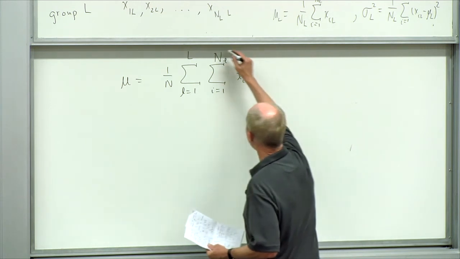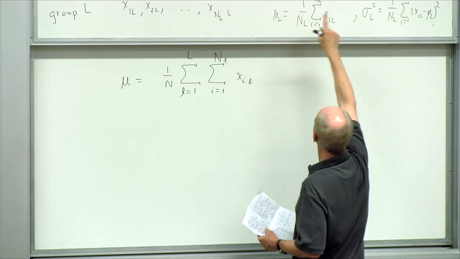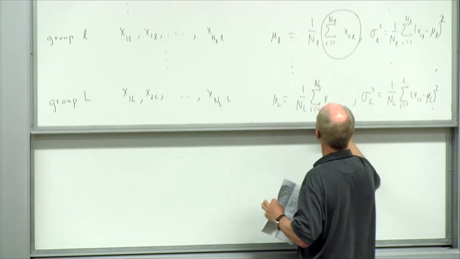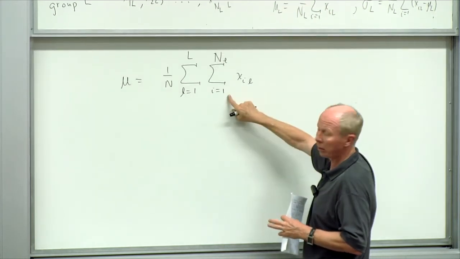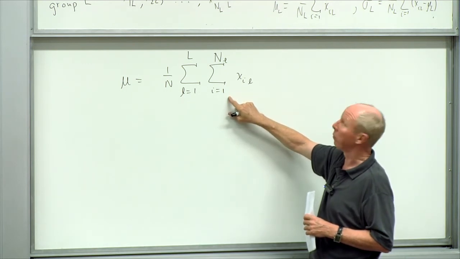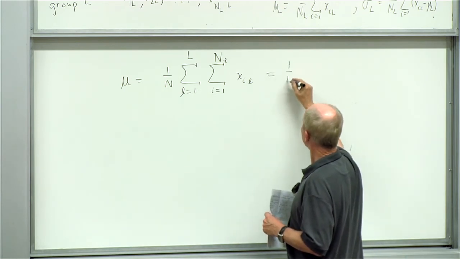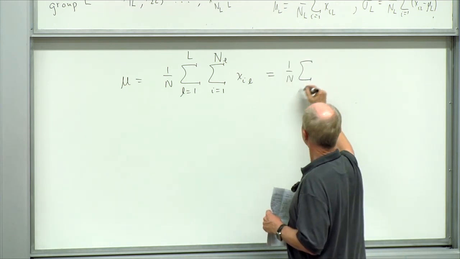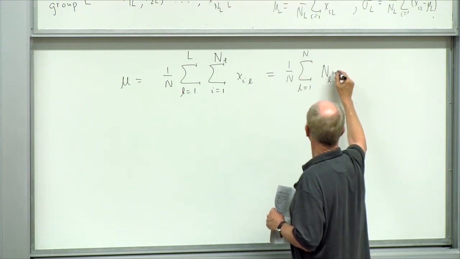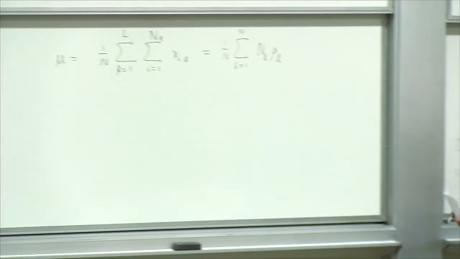Now this thing inside here is what? If I look at this term here, that circled term is what you see here. Right? The thing in the circle is what you see here. So this would be equal to capital N_L times mu L. Right, just solving that equation there for the term in the circle.